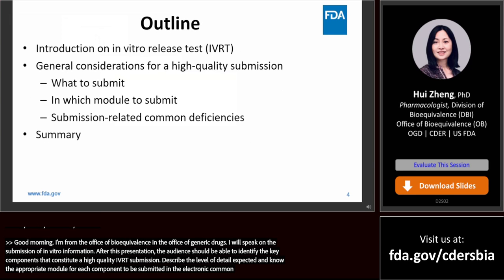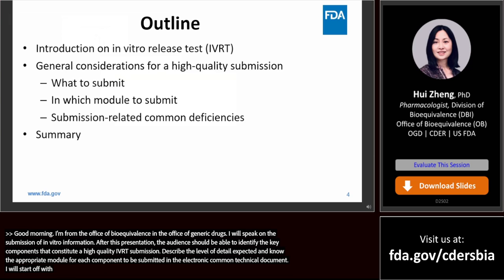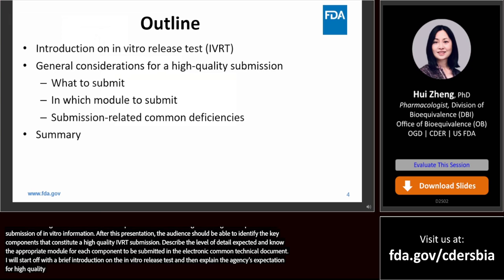I will start off with a brief introduction on the in-vitro release test, and then explain the agency's expectation for a high-quality IVRT submission. In the next few minutes, I will share with you some submission-related common deficiencies.